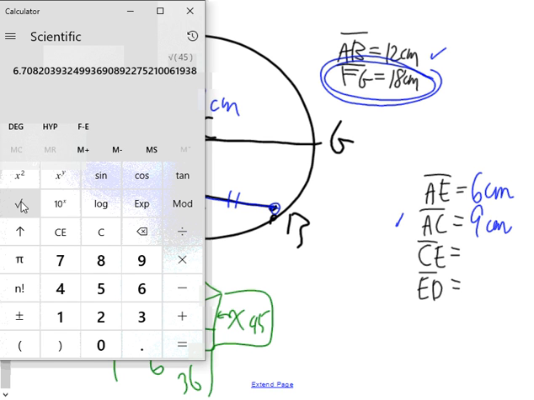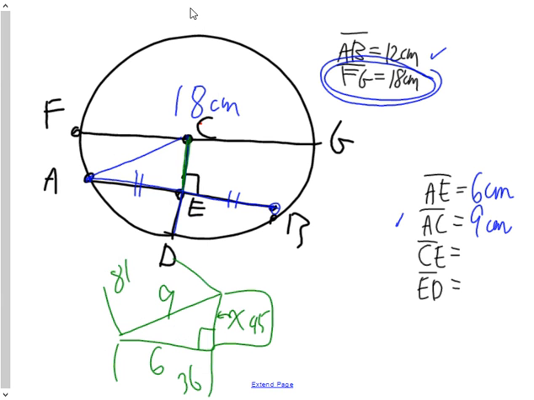And it's an estimation because it's an irrational number, which means that x is roughly 6.7 centimeters long. So we're going to put 6.7 centimeters for the length of CE.